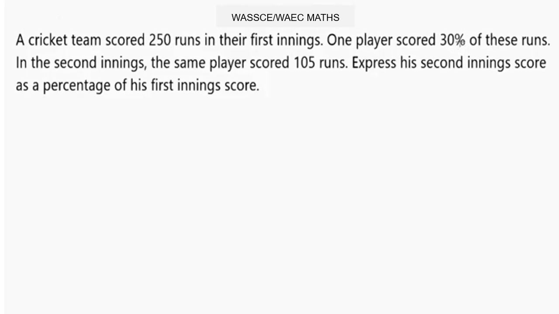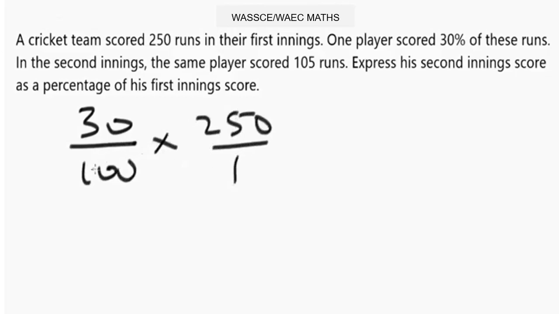Alright, so to get the 30% of these 250 runs, you simply do 30 over 100 times 250 over 1. When you simplify this, 25 times 3 gives us 75. So 30% of these runs of the cricket team will give us 75.